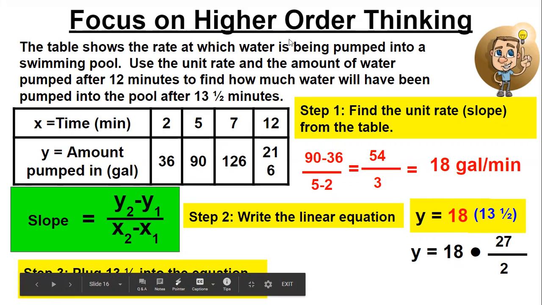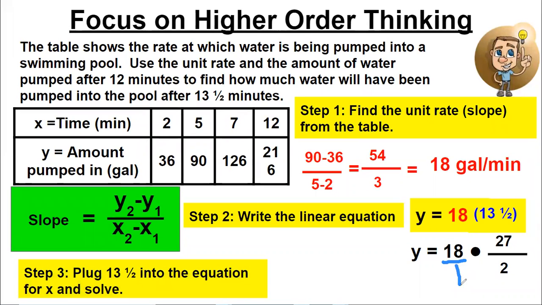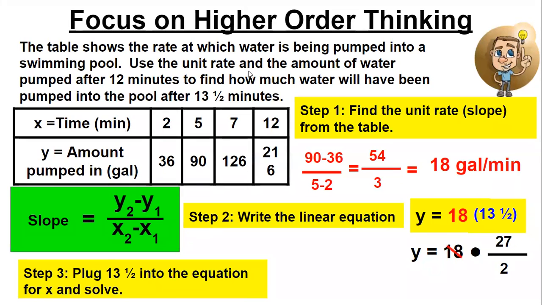I could technically put this as 18 over 1 so that I can see that I have a fraction here. And I can cancel out the 18 and the 2 and put this as a 9 because 18 divided by 2 is 9 and 2 divided by itself is 1, right? I don't know if I had the computer doing that or not. So let's just see. Yes, I did.